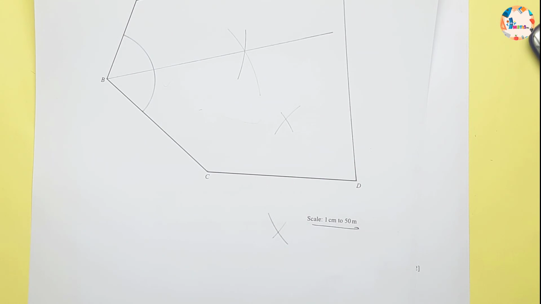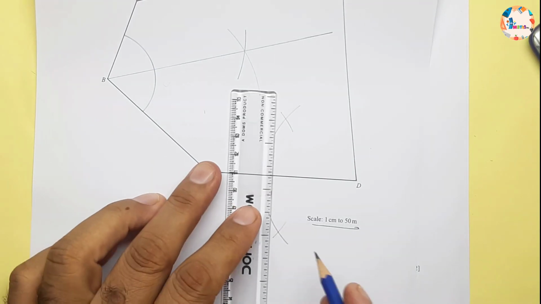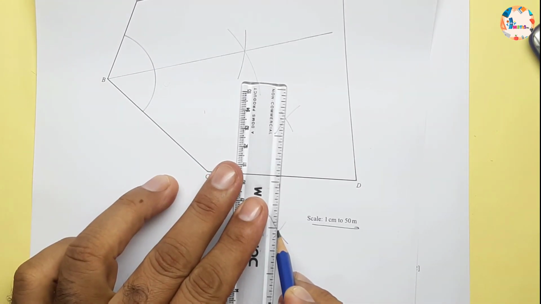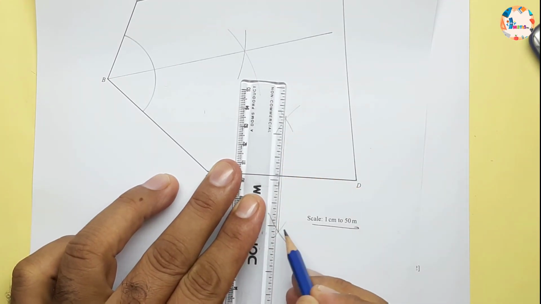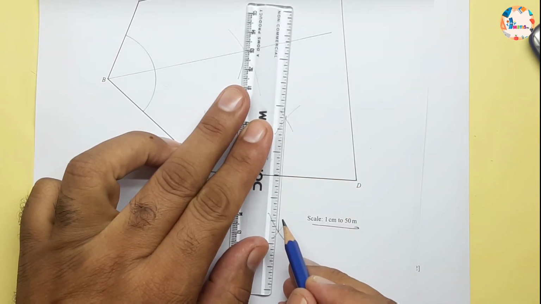After making these pairs of arcs, we join them. So this will be the path.